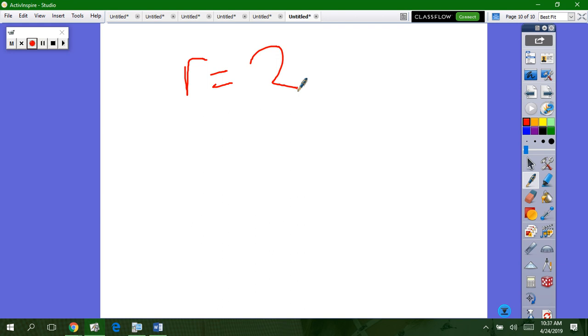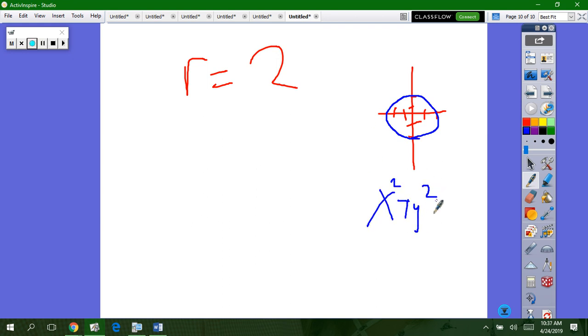You're okay back there. R equals 2. What does that look like, guys? Just means our radius is always 2. So what does that look like? It's just a circle. So what do I make that? That's a circle. Shouldn't that be x squared plus y squared is 4?